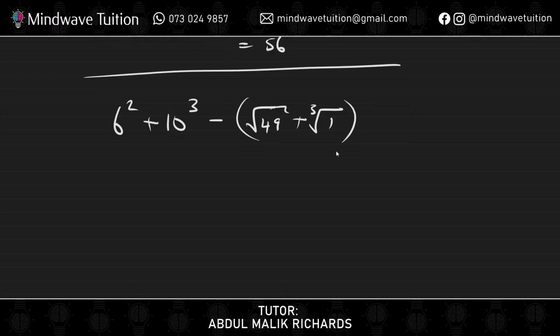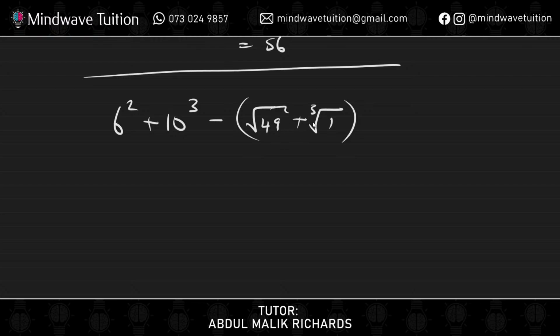So this question comes from an actual exam, and you can see they are mixing exponents and square root and cube root together. This is all fine because we work with them separately.